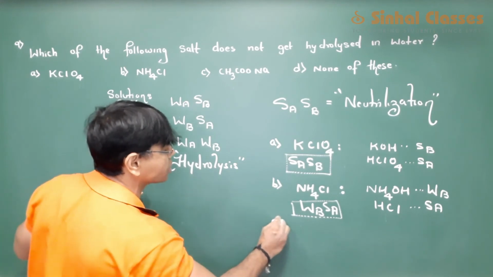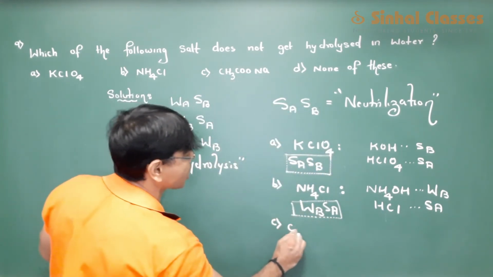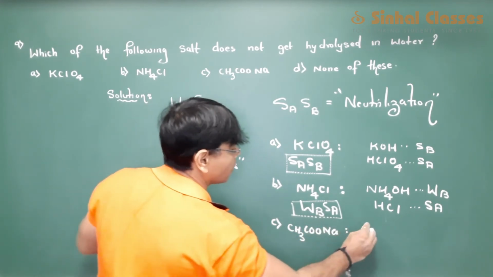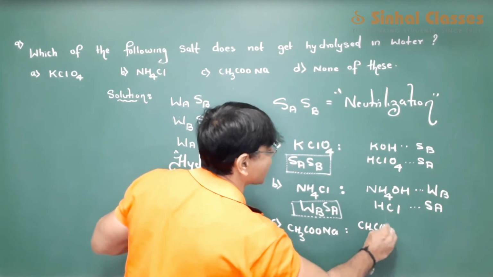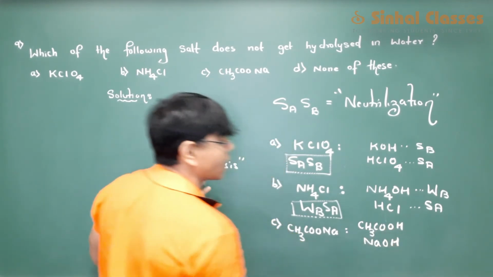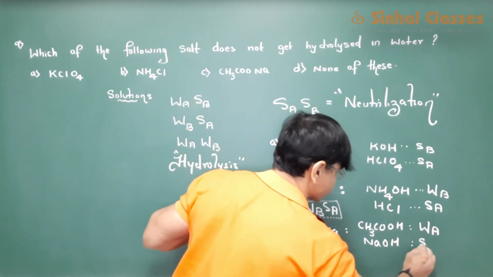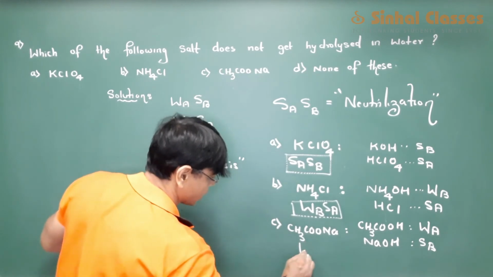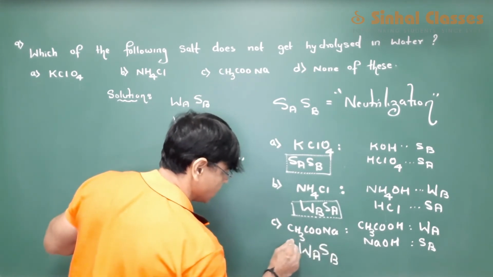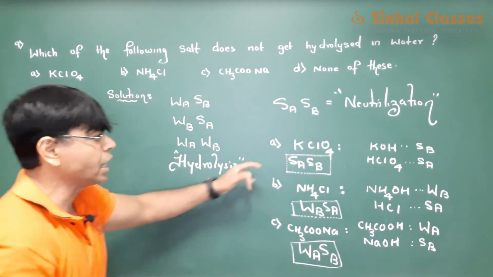What about option C? Option C is sodium acetate, made from acetic acid and sodium hydroxide. So it's a weak acid and a strong base, a salt of a weak acid and a strong base.